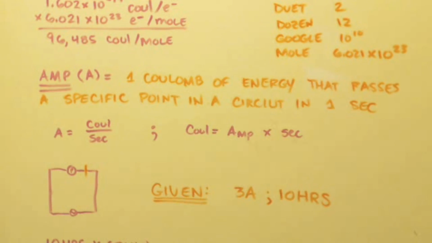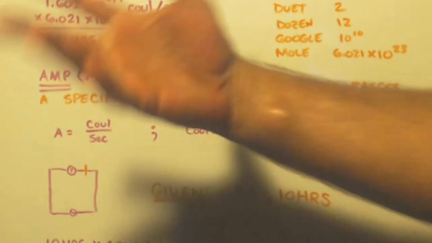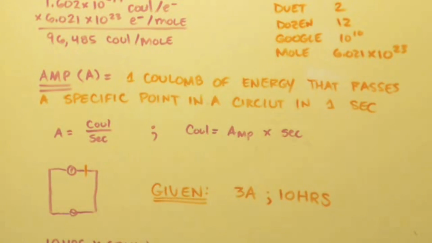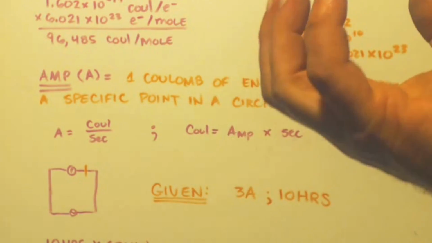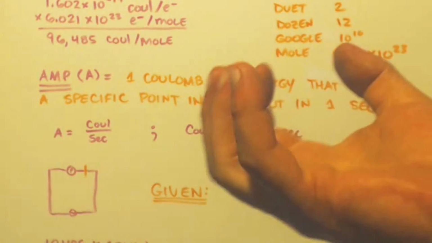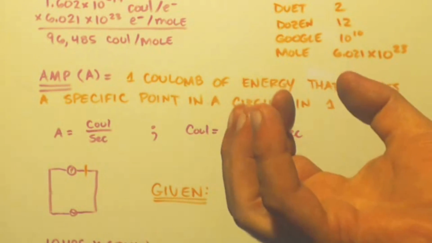So what is an amp? It's just a coulomb. A coulomb and an amp are the same exact thing, with only one difference. An amp is taking seconds into account, right? Coulombs is the amount of charge you have. I could have that charge sitting in my hand, say, because I have enough electrons to be 1 coulomb, right, in my hand.